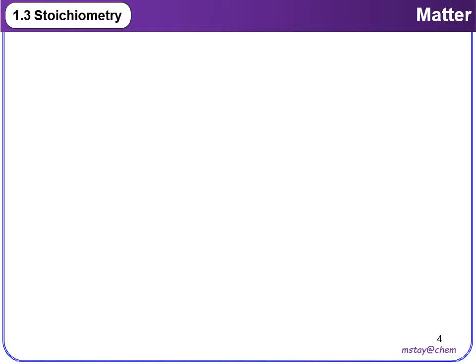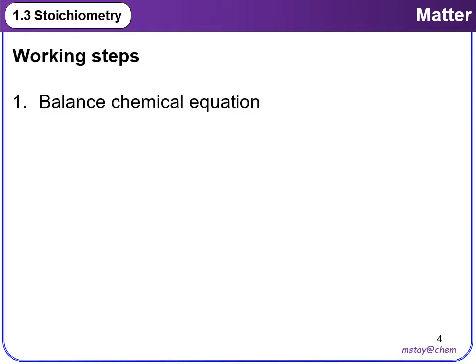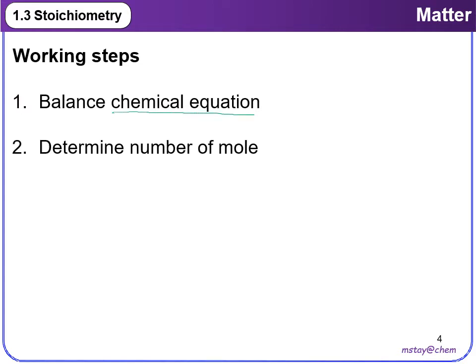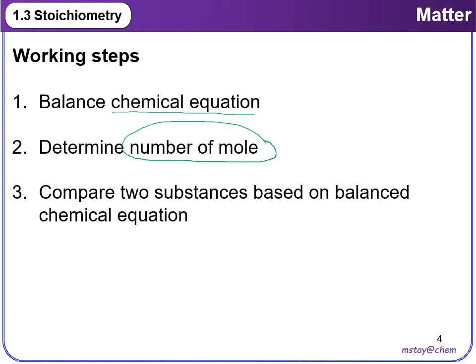When a chemical reaction is given and you are asked to determine the amount of reactant used or product formed, basically you need to do the following steps. First, you need to have a balanced chemical equation. Based on the information given, determine the number of mole, followed by comparing two substances based on the chemical equation.